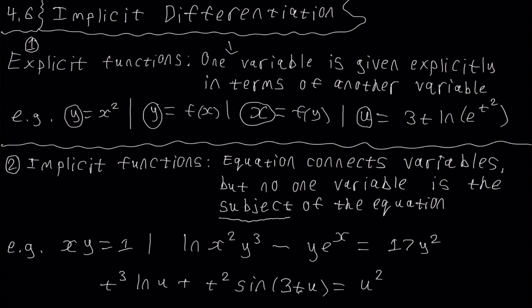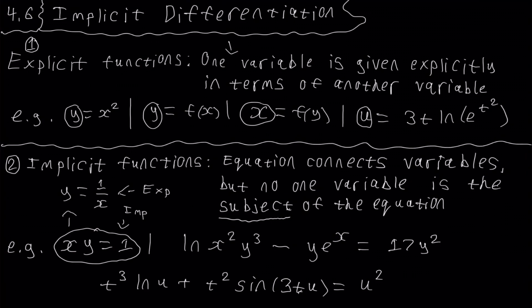Now, of course, in a lot of these cases, especially this first one here, you could actually rearrange these functions to make one variable the subject of a formula. So in this case, you could say that y is equal to 1 over x. And in this way, we've taken our implicit function and turned it into an explicit function.